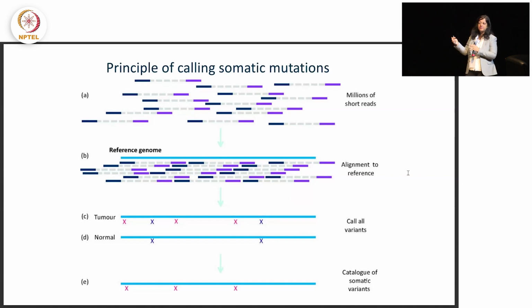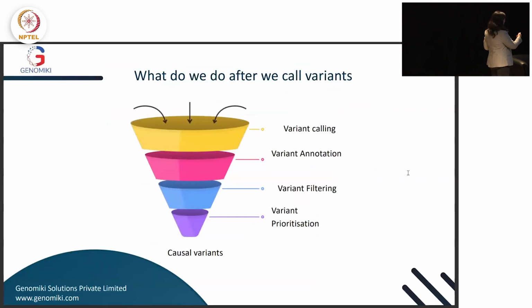But if we keep aside all the drawbacks, we still have a standard human reference genome, which is used to map the small stretches of sequence or nucleotides that we get after the sequencing to the reference genome.